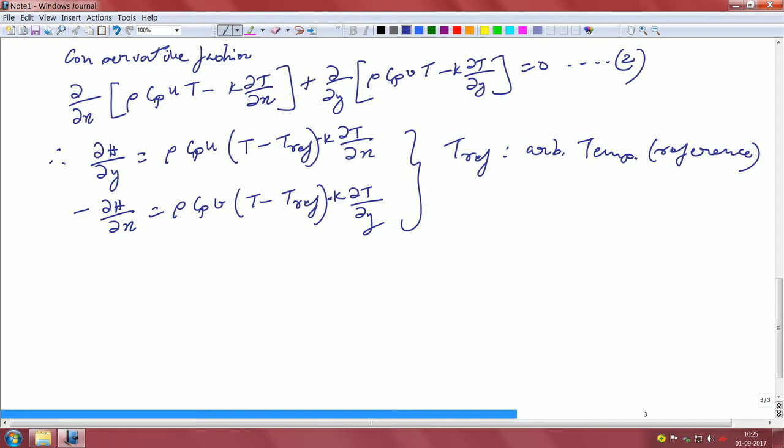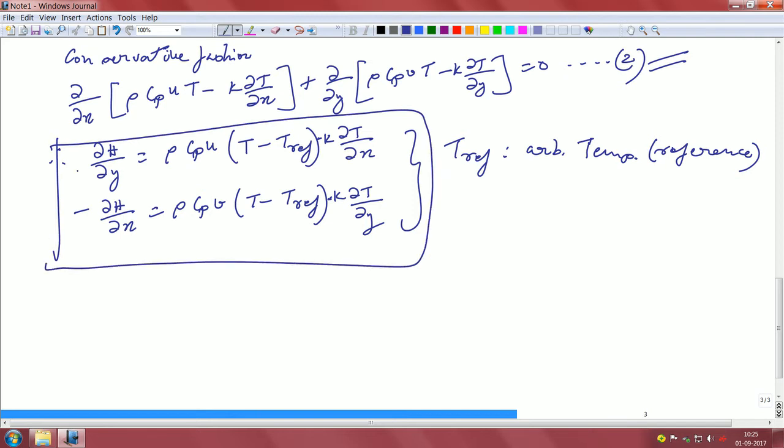Now, when you look at this equation, you will find that it automatically satisfies this definition. If you plug this in, it will automatically satisfy the definition, because it will become d square H by dx dy as one of the terms, and the other term will be equivalent, so they will be equal to 0.